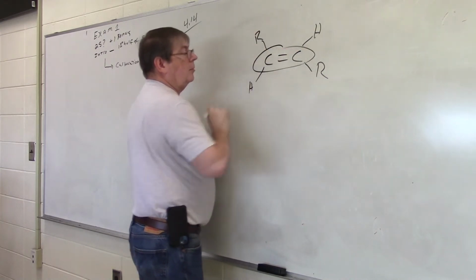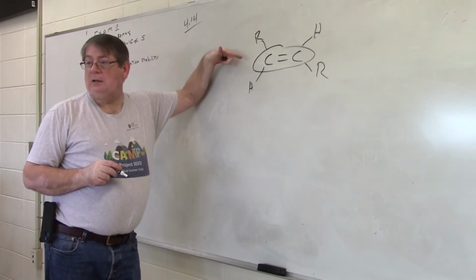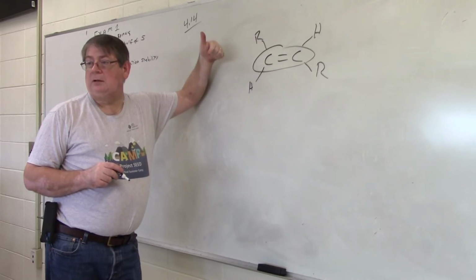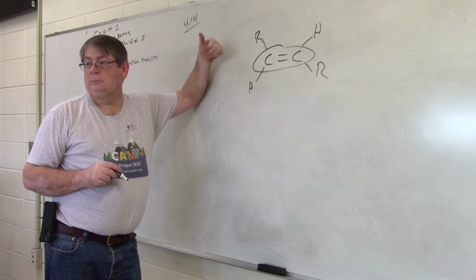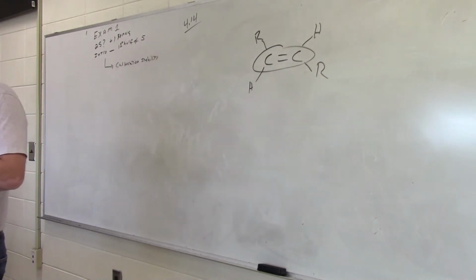So you look at the carbon-carbon double bond. How many carbons do I have attached to that alkene? I have two, so this is a disubstituted alkene. Oh, okay, because that's two R groups.